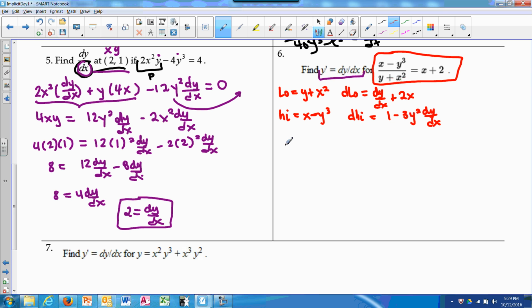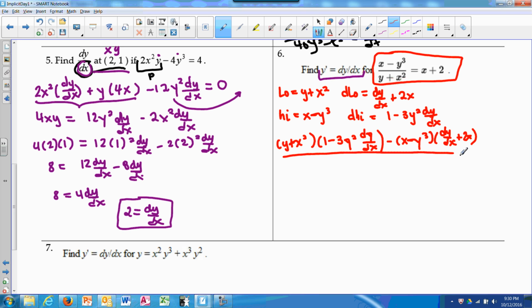So the left-hand side, which is a quotient rule, has a derivative of low d high minus high d low over the square of what was below.